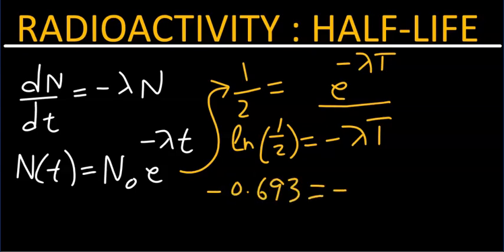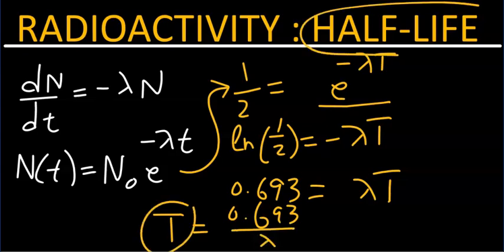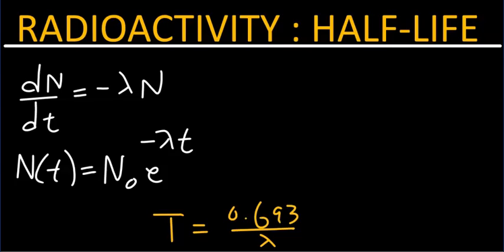And that equals minus lambda times capital T. So the minus goes away, and you see the capital T is quite simply 0.693 over lambda. So this is what we call the half-life for the sample. The standard notation of writing half-life is T to the subscript half, like that. So there we have it.